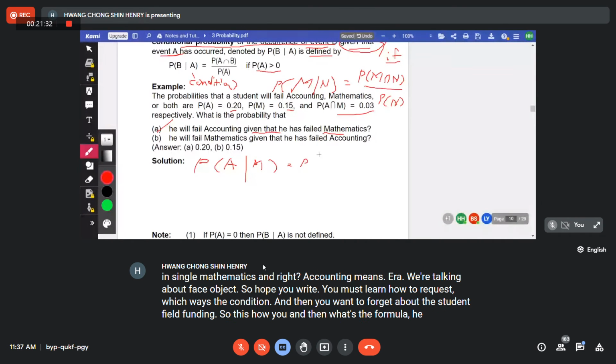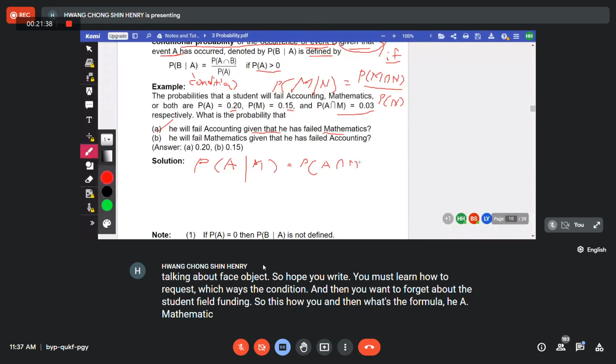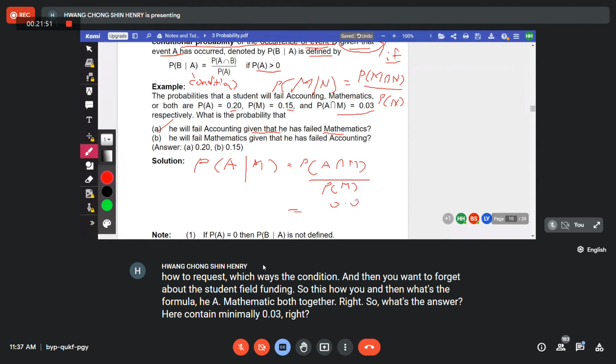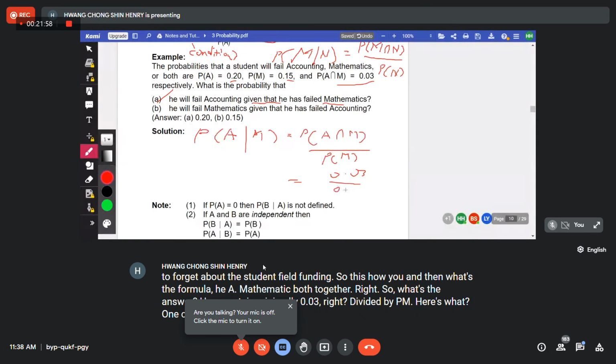P(A and M), fail accounting and mathematics both together, right? Divide by what? P(M). So what's the answer? Fail accounting and mathematics 0.03, divided by P(M). P(M) is what? 0.15. Okay, calculator. How much?